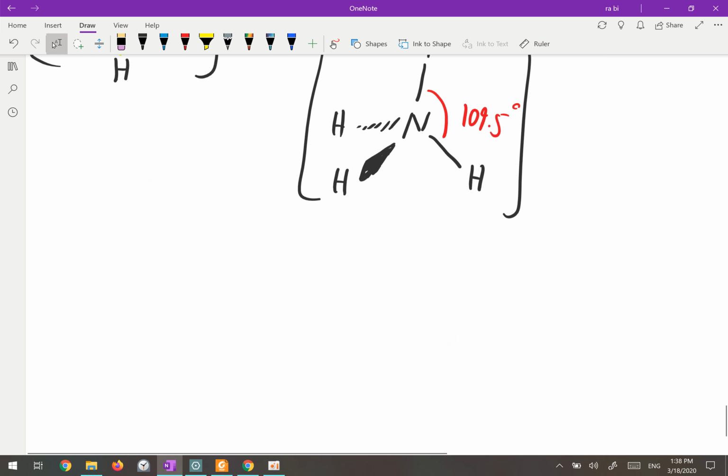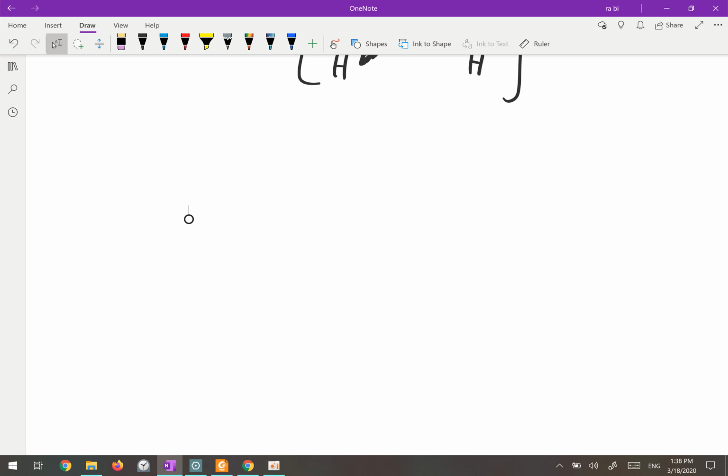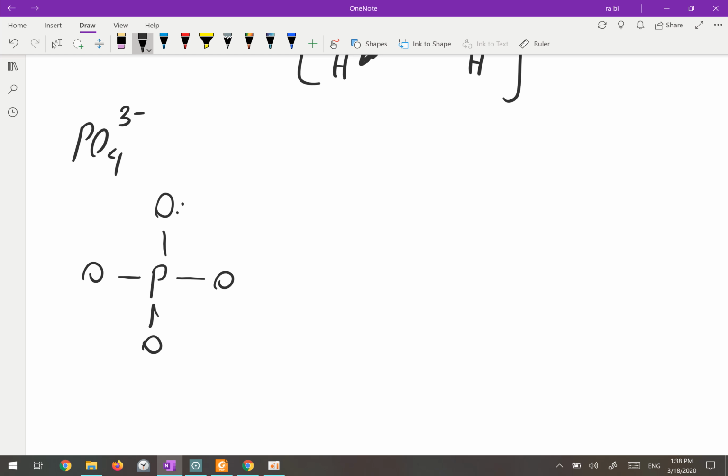Okay, the next one is also a polyatomic ion, PO4 3 minus. The Lewis structure for that was like this. So you have oxygen, oxygen, oxygen, oxygen, and the charge is 3 minus.